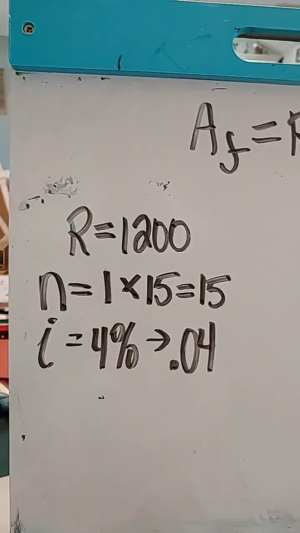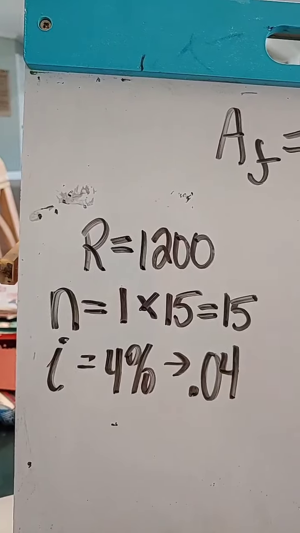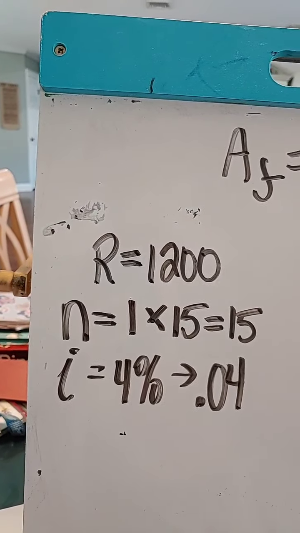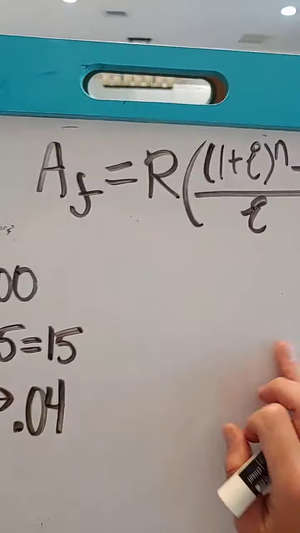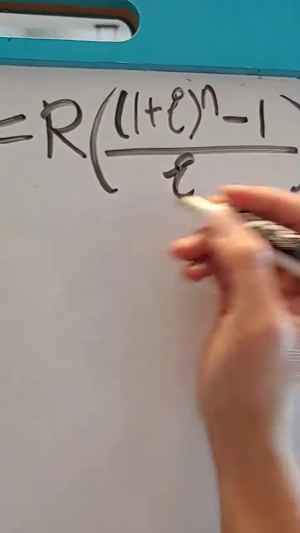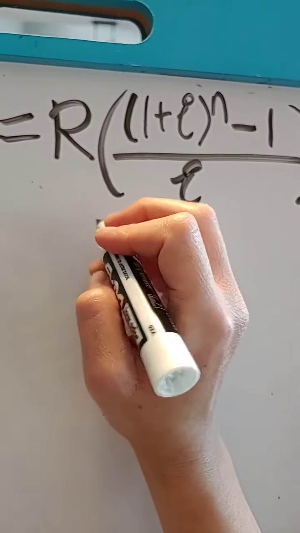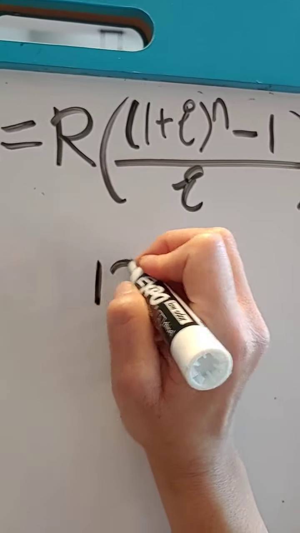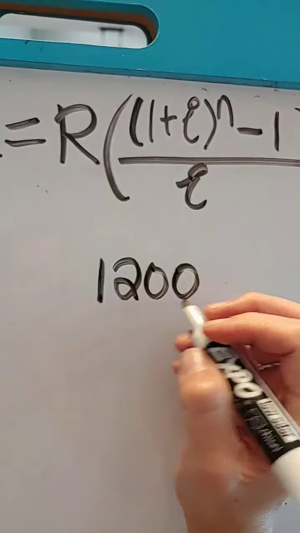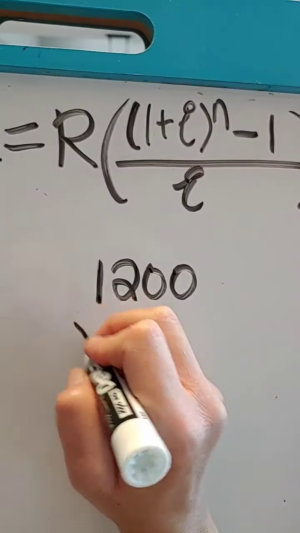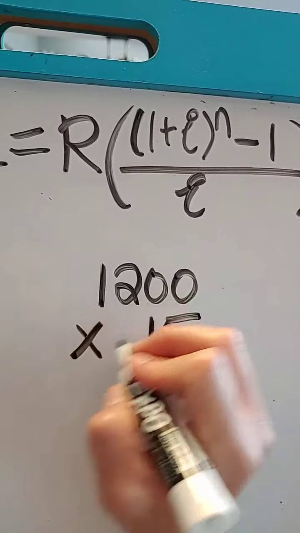Okay, so now to see how valuable this annuity is, let's pretend that we don't make an investment into the annuity. Let's just pretend that you have an envelope in your house somewhere and you're going to put in this envelope $1,200 once a year for 15 years.